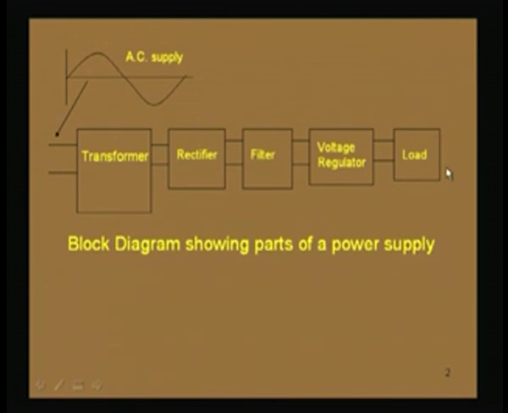Finally, the load, that is the output circuit where we want to apply this DC voltage, gets the DC voltage, and as desired, it should be a constant level voltage.